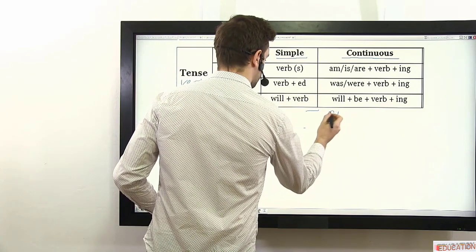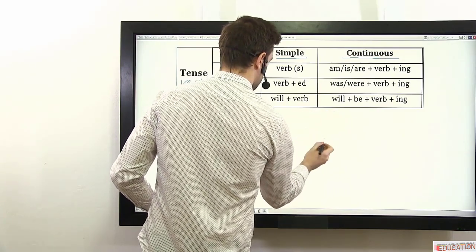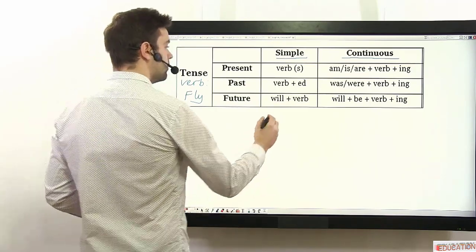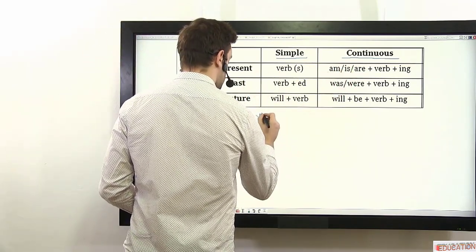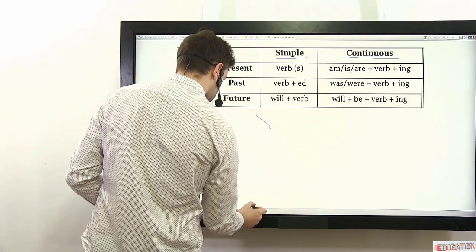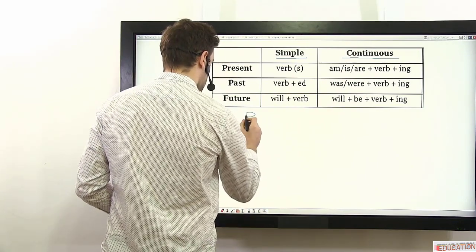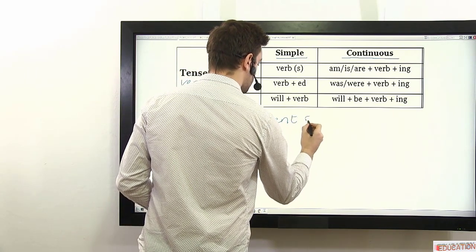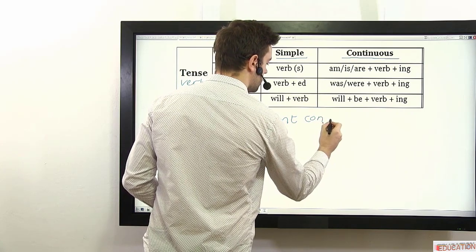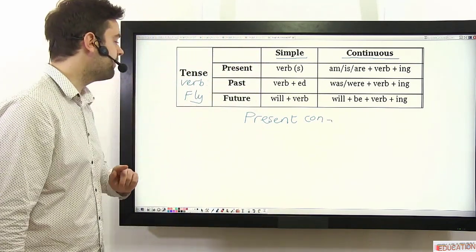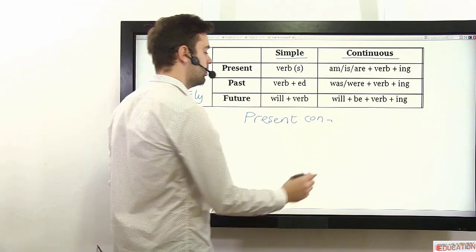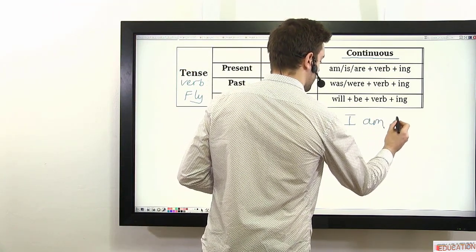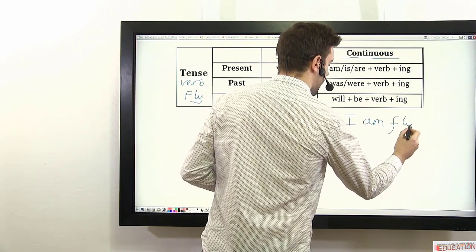So with the continuous, we have present continuous. We still use the same verb, fly. I am flying.